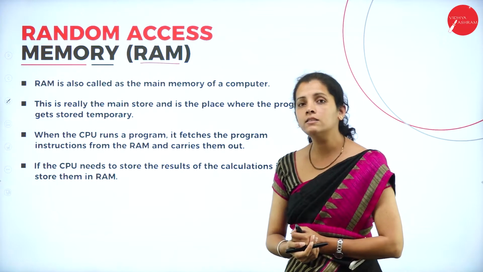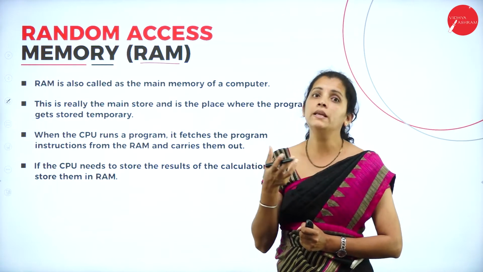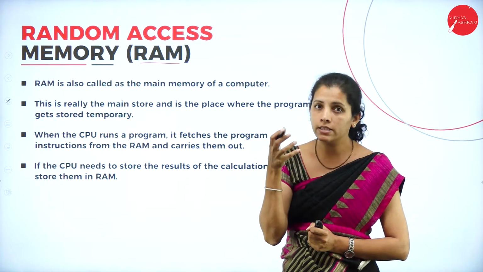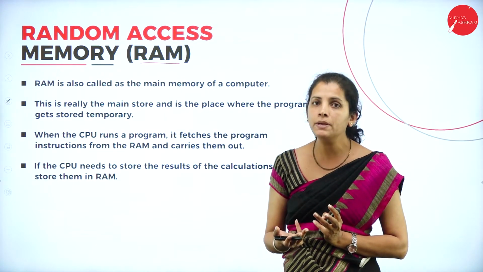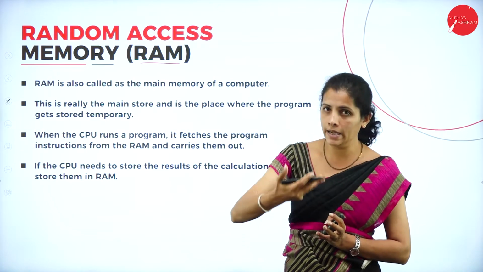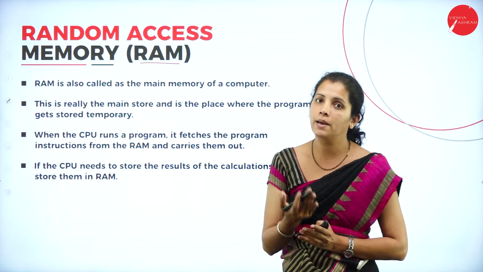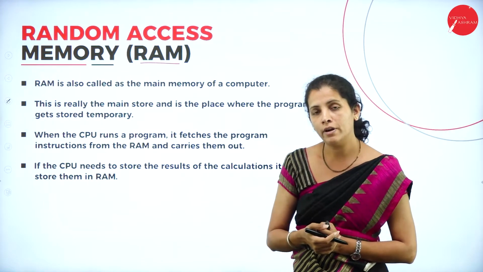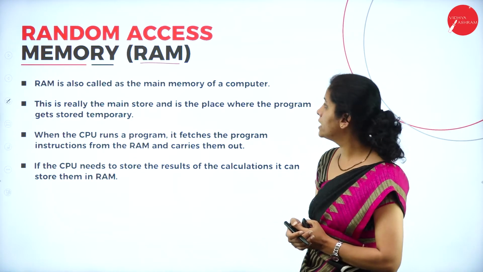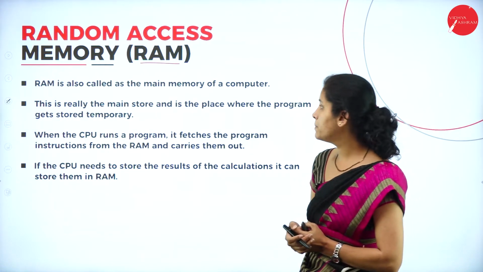So what is this RAM? Randomly I can access the data which is stored in the memory. So what does randomly accessing mean? I can write the data, at the same time I can get the data, or I can modify the content which is stored in the random access memory.